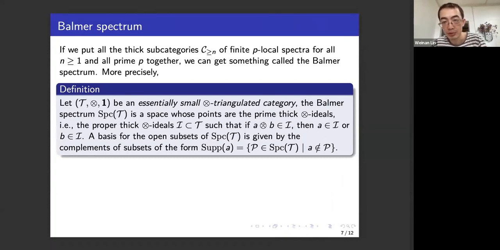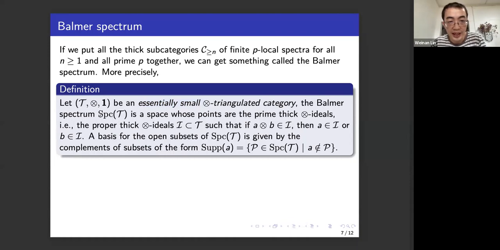You can think of the ideal as a collection of objects, and since the category is essentially small, which means it's equivalent to a small category where all objects form a set, the ideals are like sets of objects. So it's very analogous to commutative algebra. So those are the prime thick ideals.